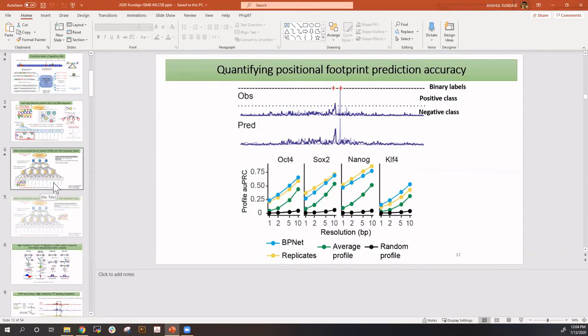Secondly, the multinomial loss is a very nice way to capture the sparsity of the data, because you have an underlying probability distribution across the sequence. Depending on the total number of reads I throw on the 1,000 base pairs, I can get different read counts. If I have very few reads thrown at it, I will see a lot of zeros. Those are obviously not real zeros. So the multinomial captures the sparsity properties quite nicely.